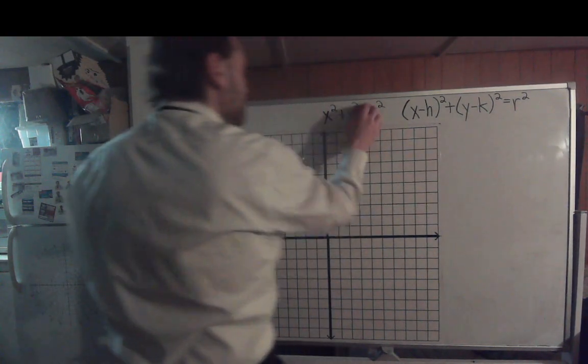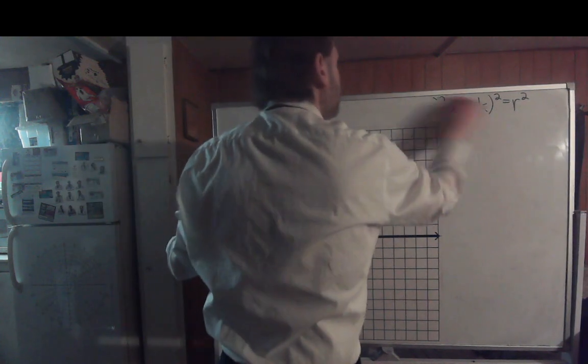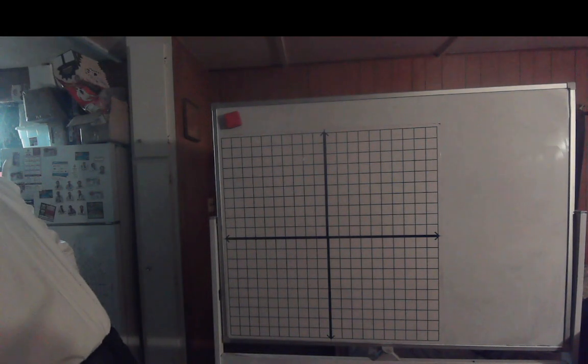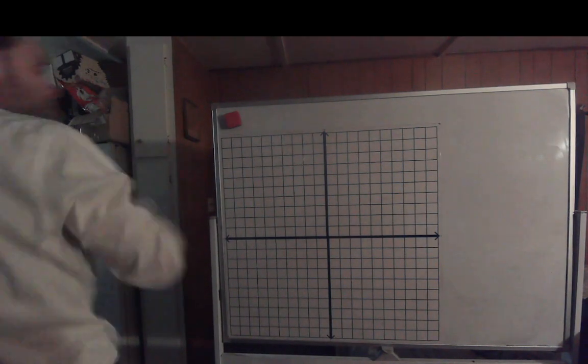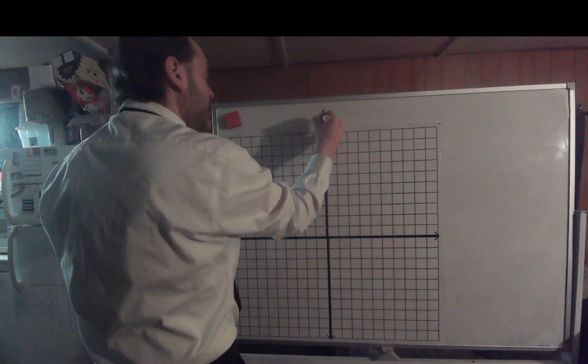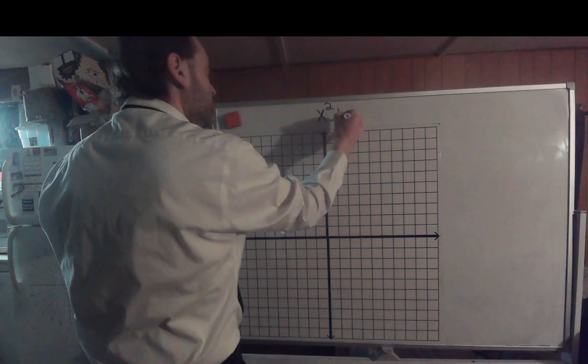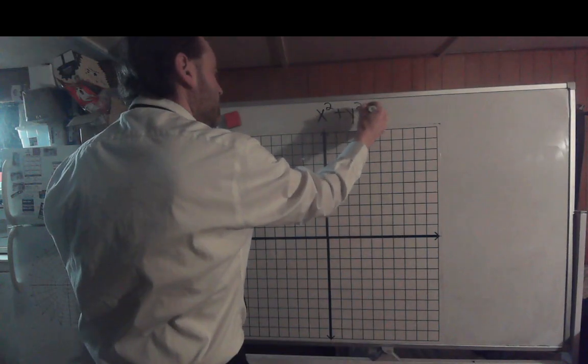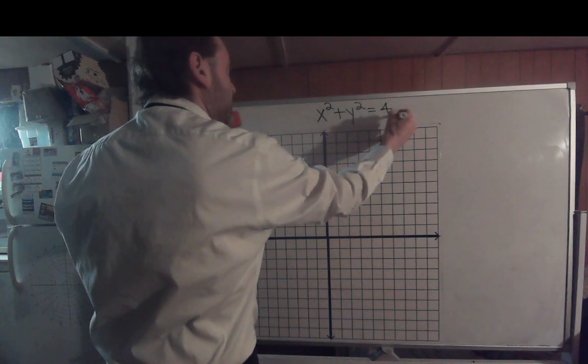So let's get into some examples here. We'll do a couple at the origin. So let's say we have x squared plus y squared equals 49.